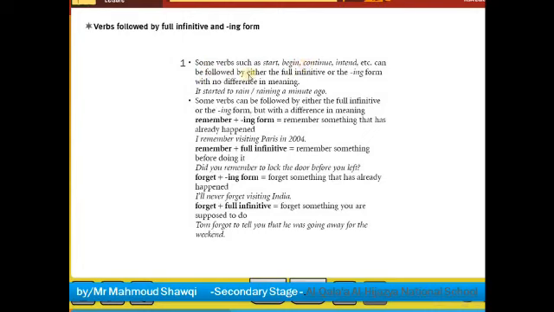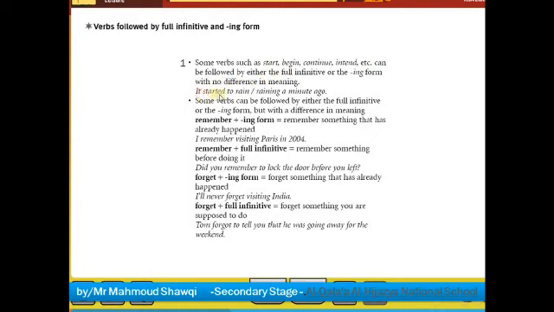These verbs can be followed by either full infinitive or ing form, with no difference in the meaning. Okay? And there is no difference in the meaning.